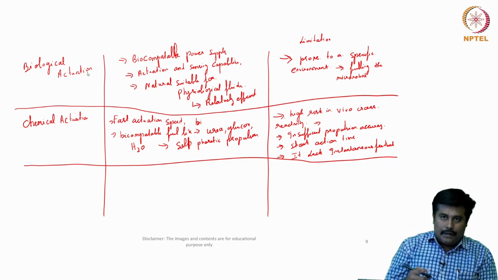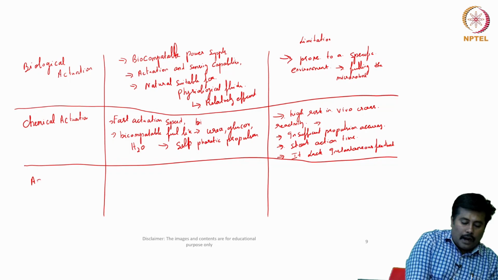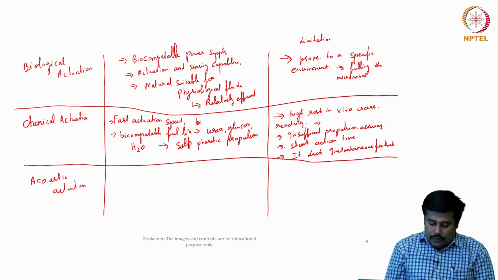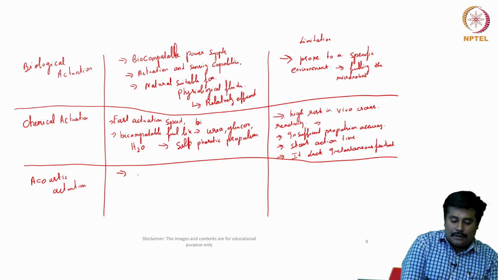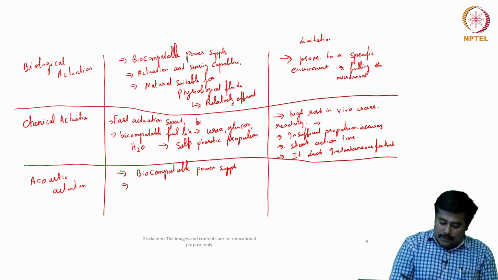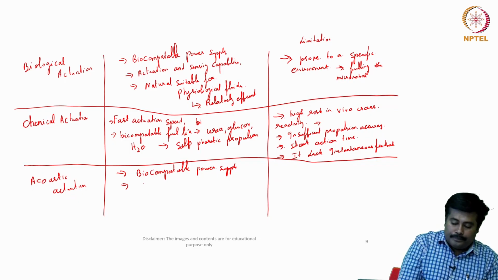Now, since we have discussed acoustic based actuation, let us discuss its advantages and limitations. In the case of acoustic based actuation, one of the major advantages is that it has a biocompatible power supply. The second important advantage is the capability to control a micro robot deep inside the body.